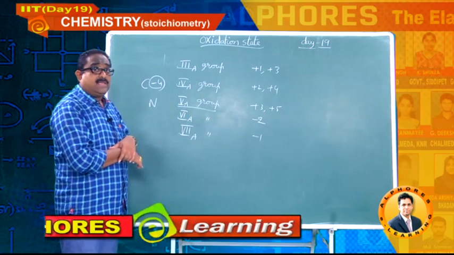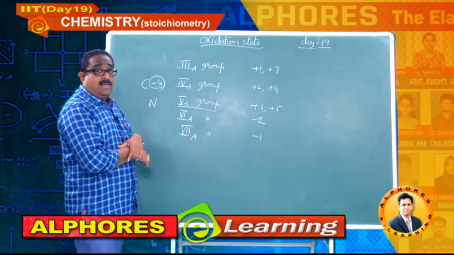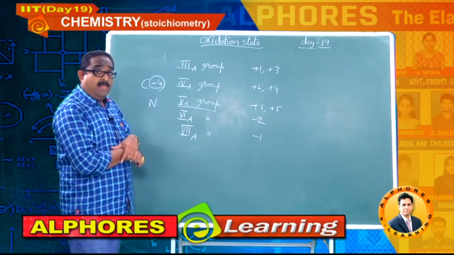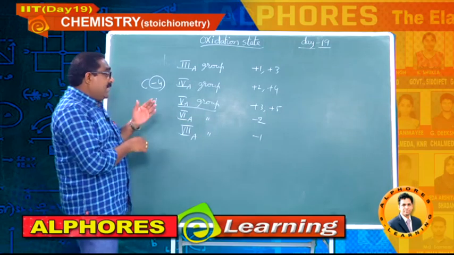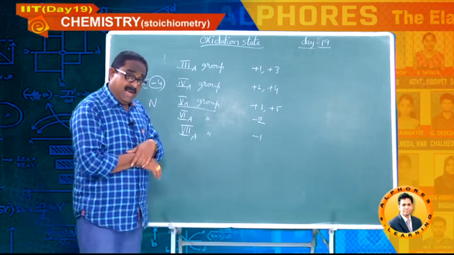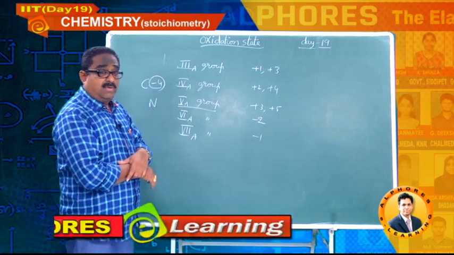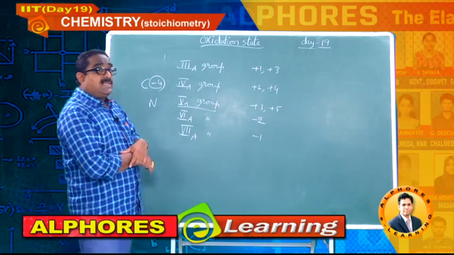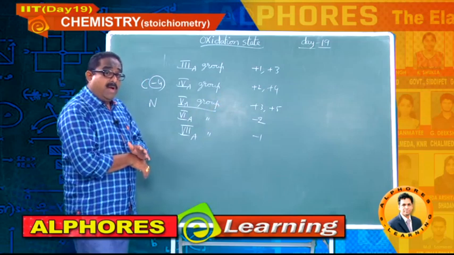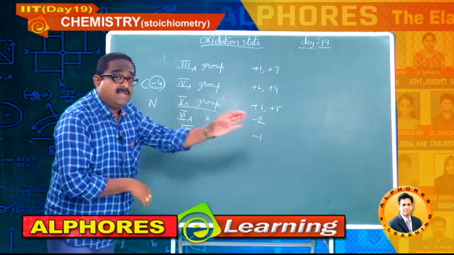So, the oxidation state of an element may or may not be fixed. Same element can exhibit more than one type of oxidation state in different compounds. For some elements it is constant.